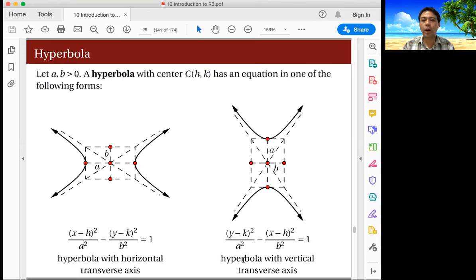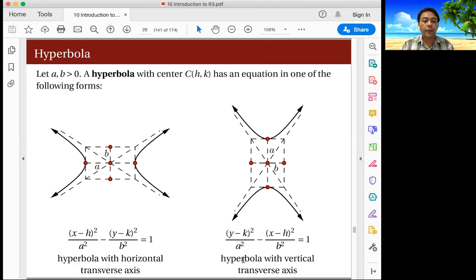The last kind of conic is called a hyperbola. Suppose that a and b are both positive values. It doesn't matter which is larger than the other. Now let's say that the center of the hyperbola is at (h, k). Then the equation could be either one of the following. Here on the left side, we have the x term minus the y term equals 1.